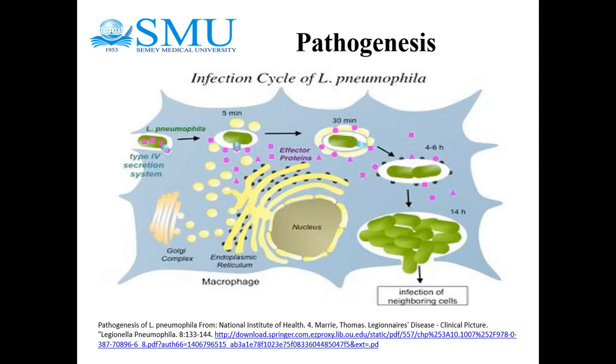Next is pathogenesis of Legionella. After Legionella enter the lungs through aspiration or direct inhalation, the following events take place. Attachment to the respiratory mucosa is mediated by bacterial type 4 pili, heat shock proteins, a major outer membrane protein, and complement.